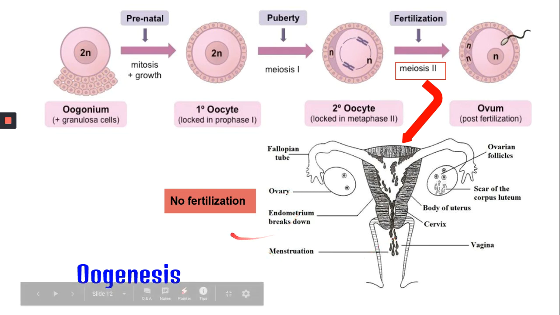So no fertilization happens because no sperm has entered. So the secondary oocyte doesn't do its meiosis 2. It is just removed in its meiosis 1 stage only. So this is something that you need to remember.